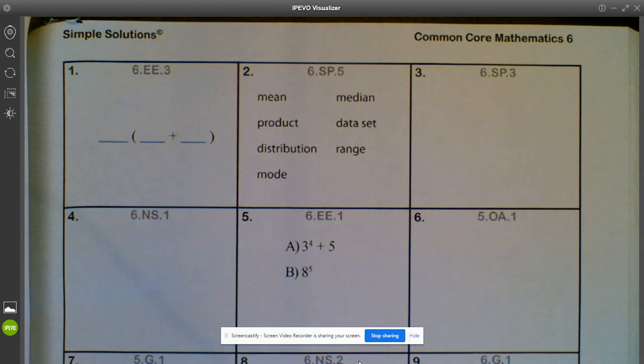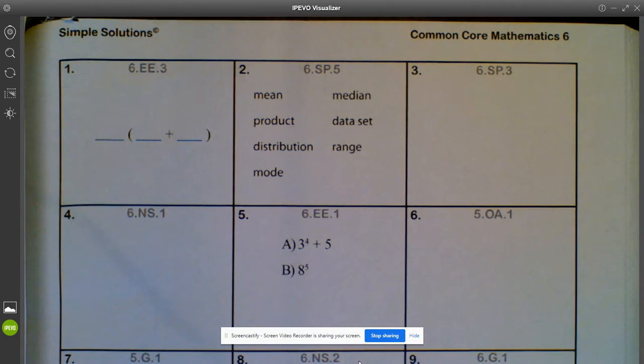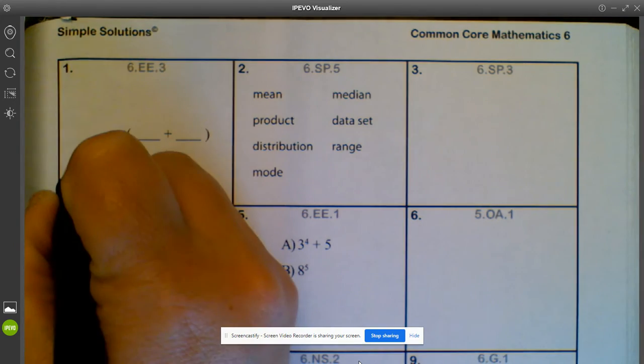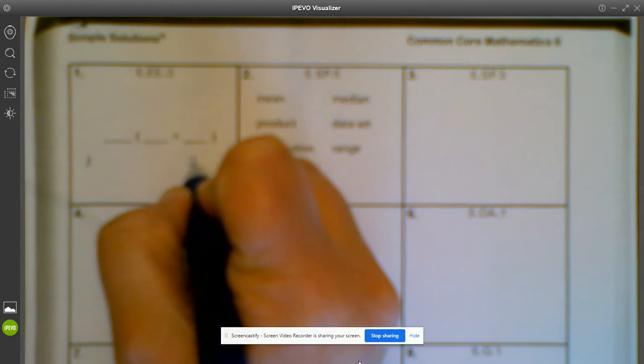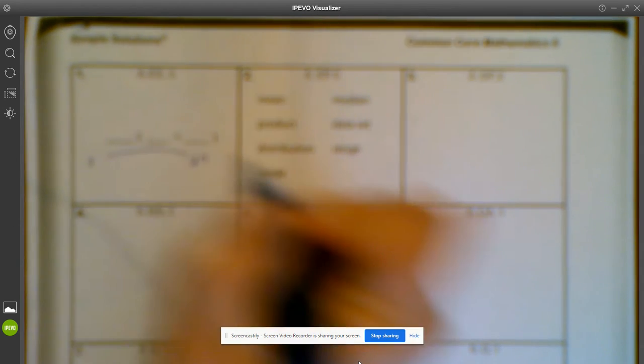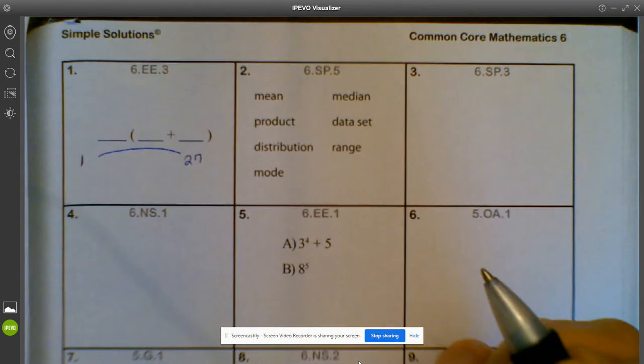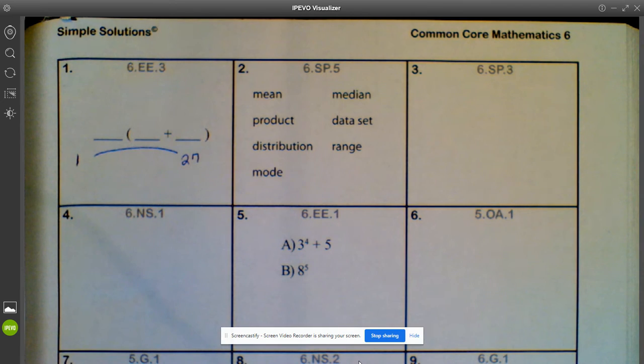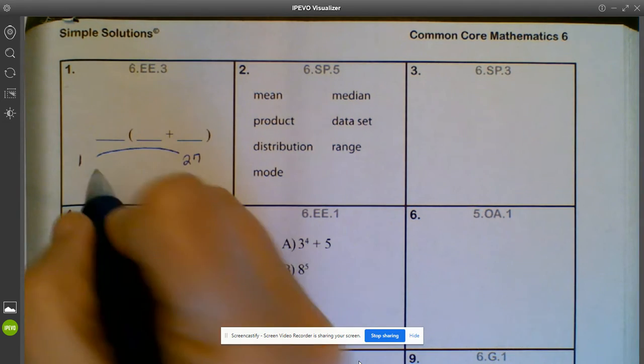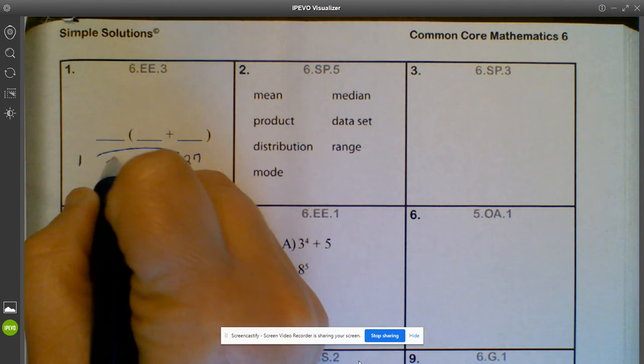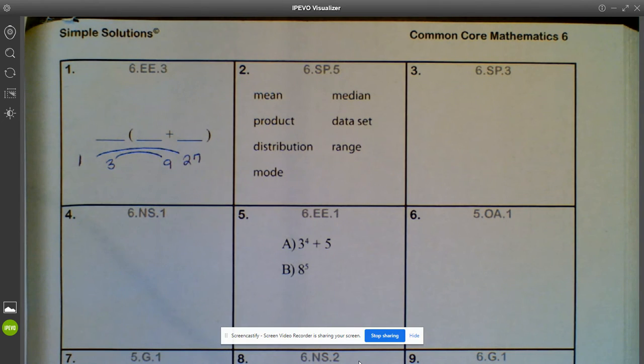So to find the greatest common factor, we can do our factor rainbows. So for 27, 1 times 27. Does 2 times anything equal 27? No. What about 3? 3 times 9. And I think those are our only factors for 27.